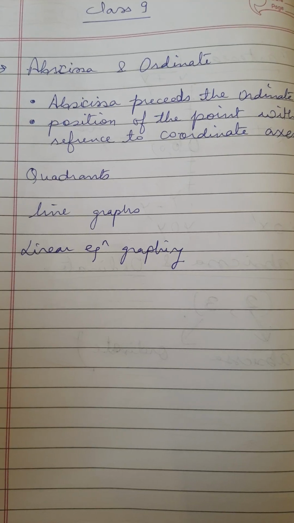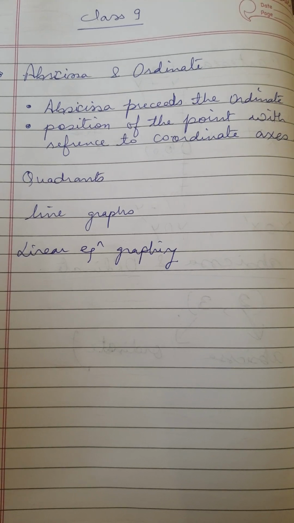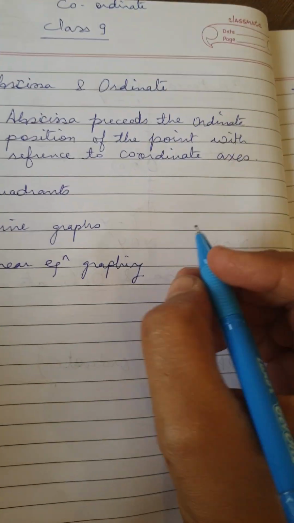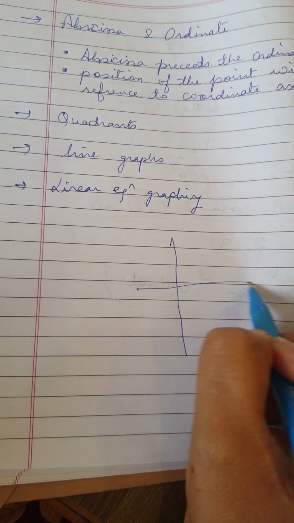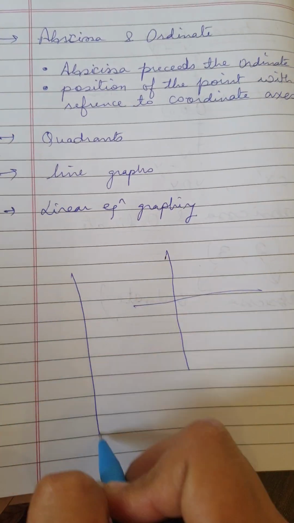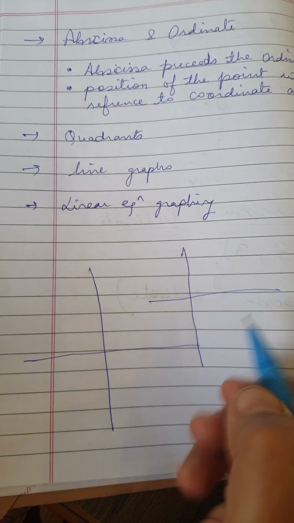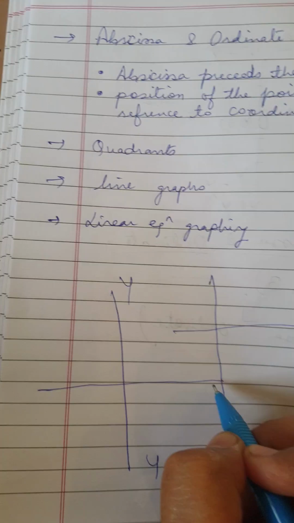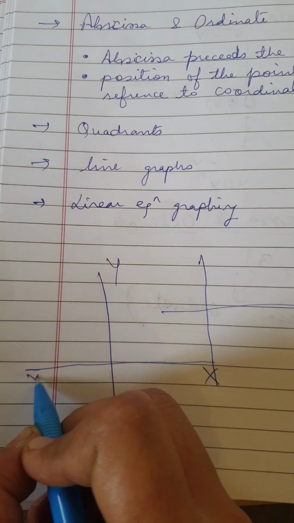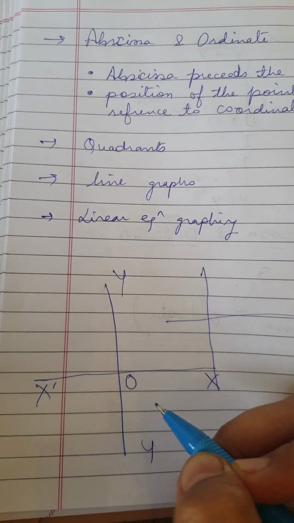So starting with abscissa and ordinate, as I have told you in the last class, when we plot any graph, and x dash, this is our origin.